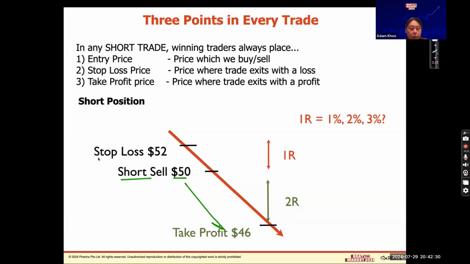So your stop loss has to be above your short entry, your sell entry. So same thing. When you're shorting a stock, you need 3 orders. The entry price, your stop loss, which is above the entry price, and your profit target, which is below the entry price. So in this case, you're selling at 50 bucks, you put a stop loss at 52.